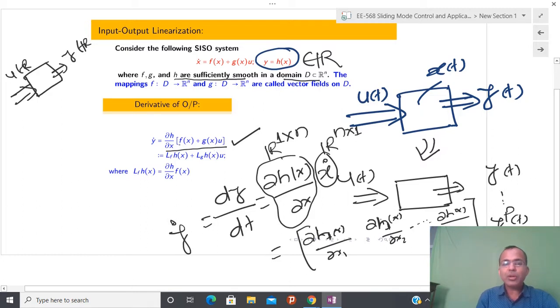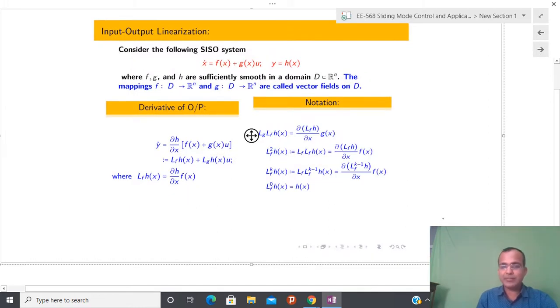Now what we have observed is that in order to calculate y dot, I have to calculate the partial derivative of something, and after that I have to multiply it with the rate of change x dot. This kind of notion has a specific name, that is called the Lie derivative.